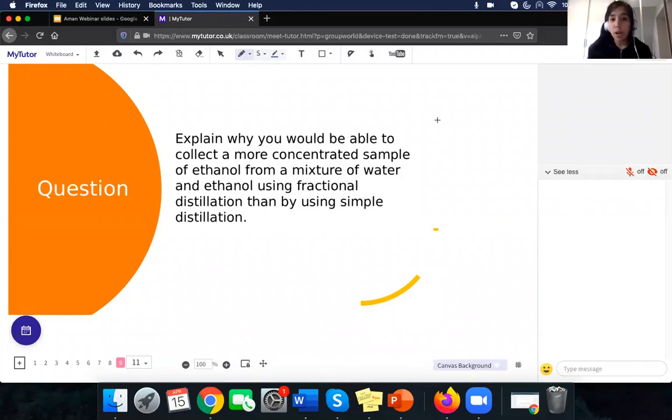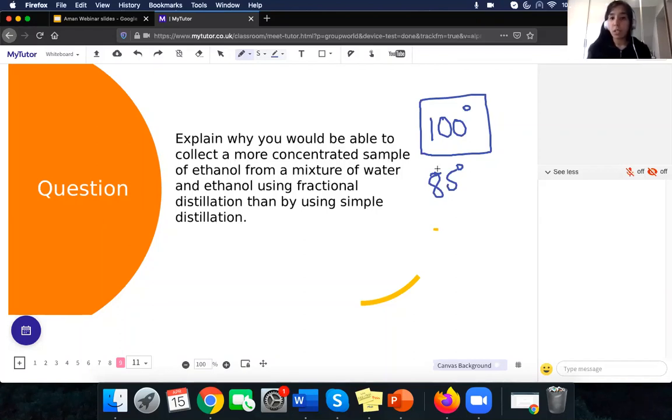So remember, the boiling point of water is 100 degrees, but that doesn't mean it only starts evaporating at 100 degrees. It can start evaporating before 100 degrees. At 100 degrees, all of the water will become a gas, but at, for example, 85, some liquid particles of water will come to the surface and start evaporating.